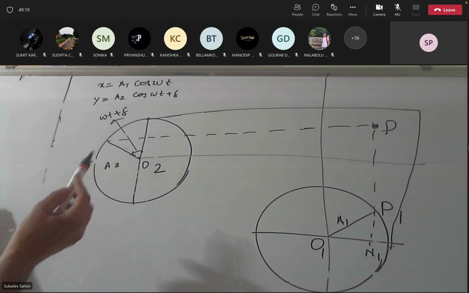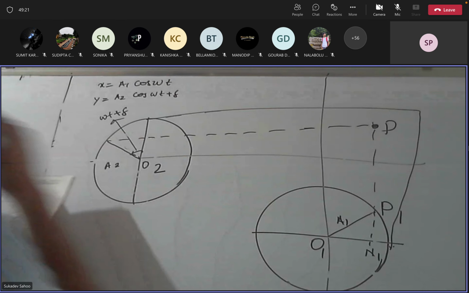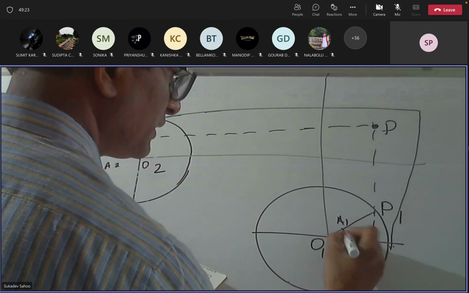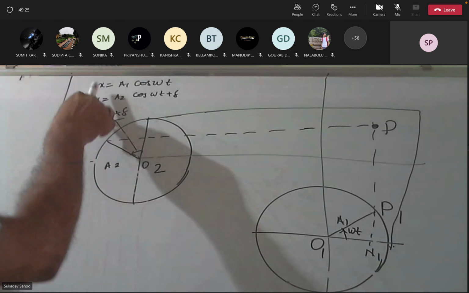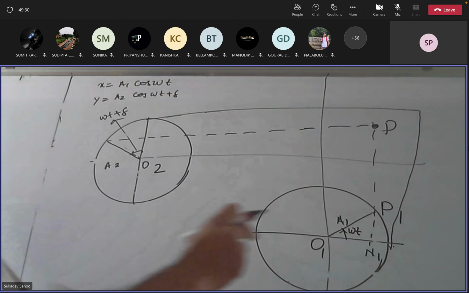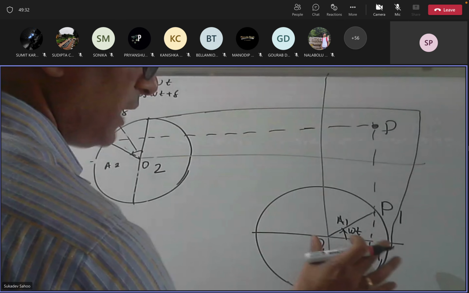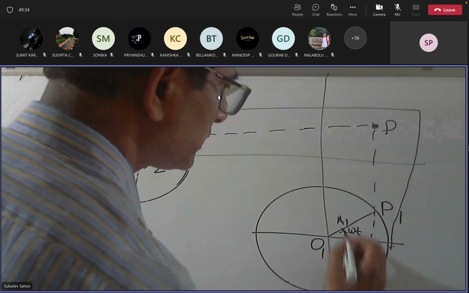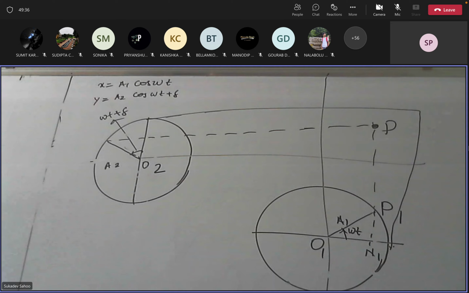Okay, listen. What we have done here, this is omega t. So x equal to, see, if we consider first the motion along the x-axis, then A1 is the radius of the circle.